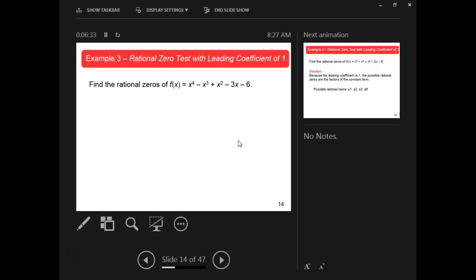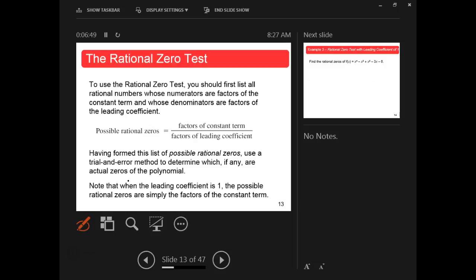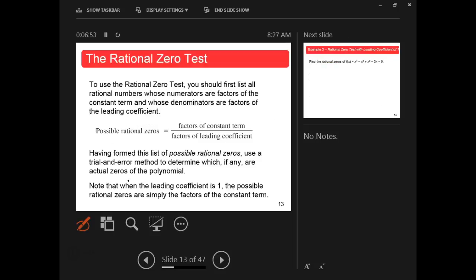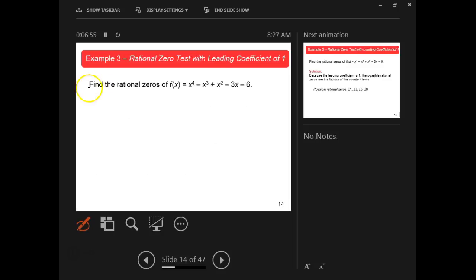Let's find the rational zeros of f of x equals x to the 4th. Whoa, this is example 3. Let's first do example 2.